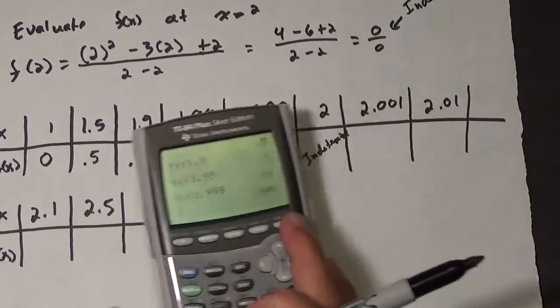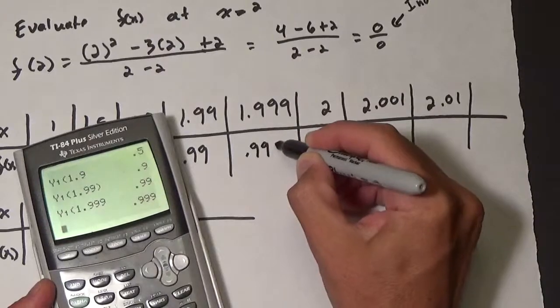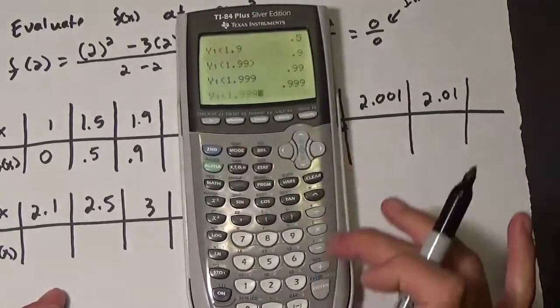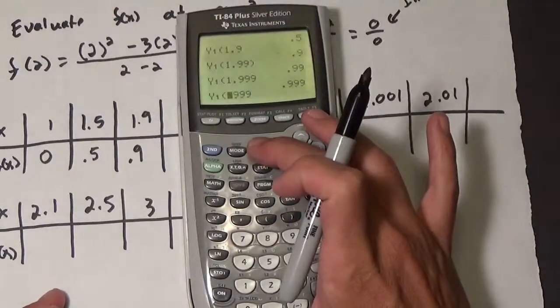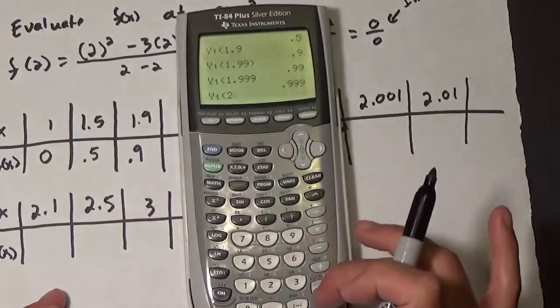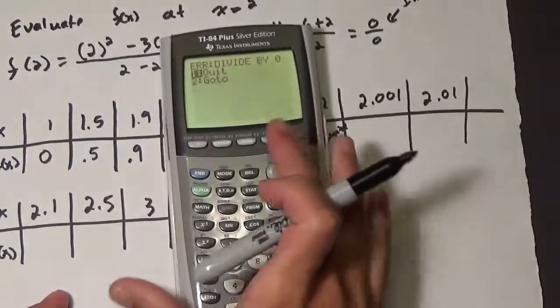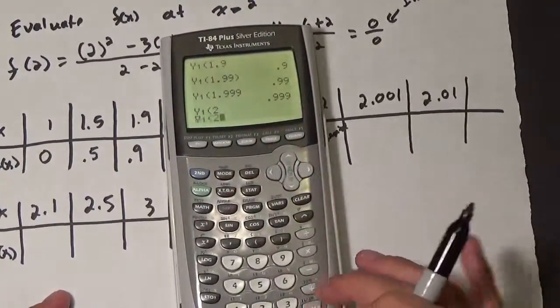That gives me 0.999. Alright, just for fun, let's see. Entry. 2 should be unhappy. Yeah, it's divide by 0, so you should get some kind of error message. Didn't like that at all.